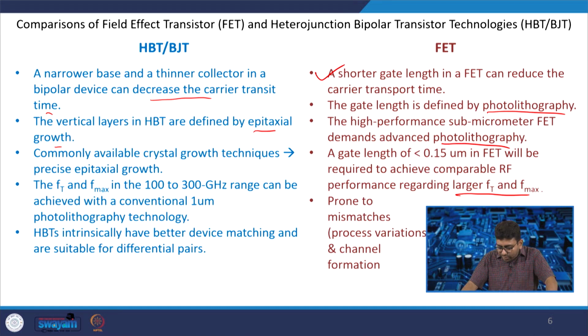Then it is prone to mismatches. There are more process variations in channel formation. So, yield is not that high. The number of active, meaning working, chips is less, and that is one of the disadvantages of this technology. However, it is cheaper compared to HBT or BJT.